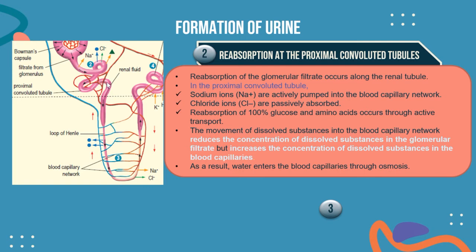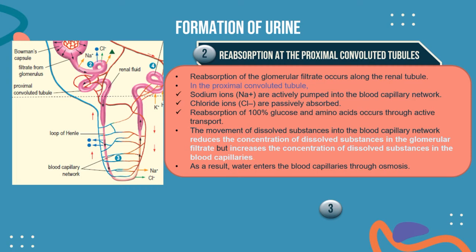The glomerular filtrate becomes less concentrated, or hypotonic. As a result, water inside the glomerular filtrate will enter the blood capillary by osmosis.